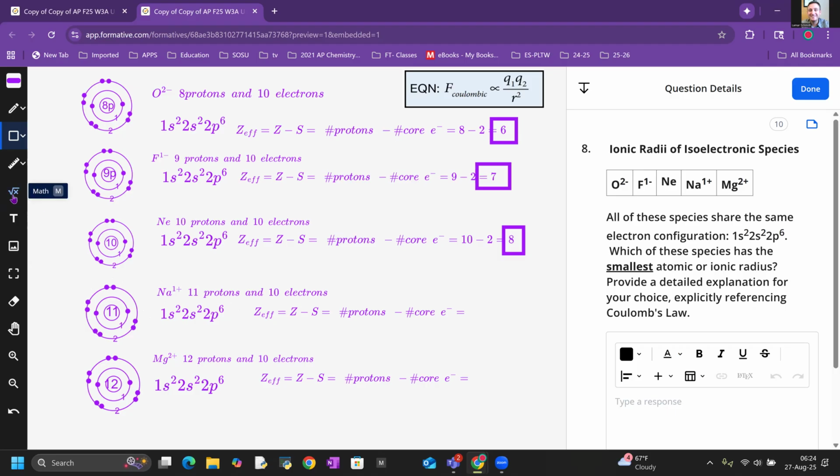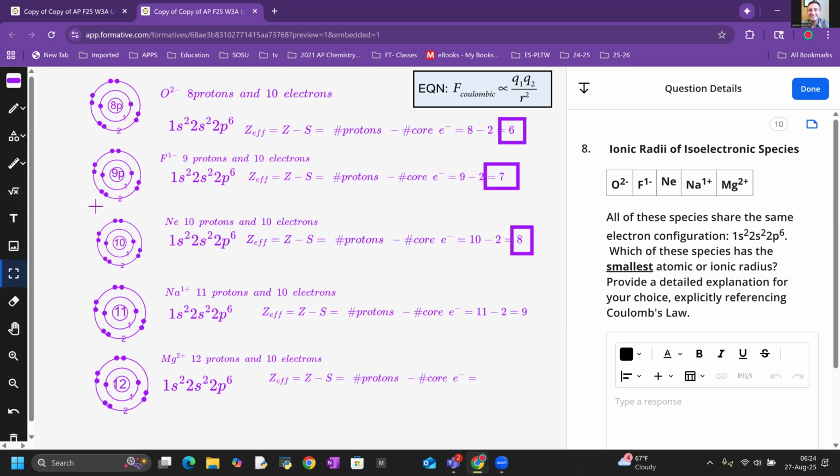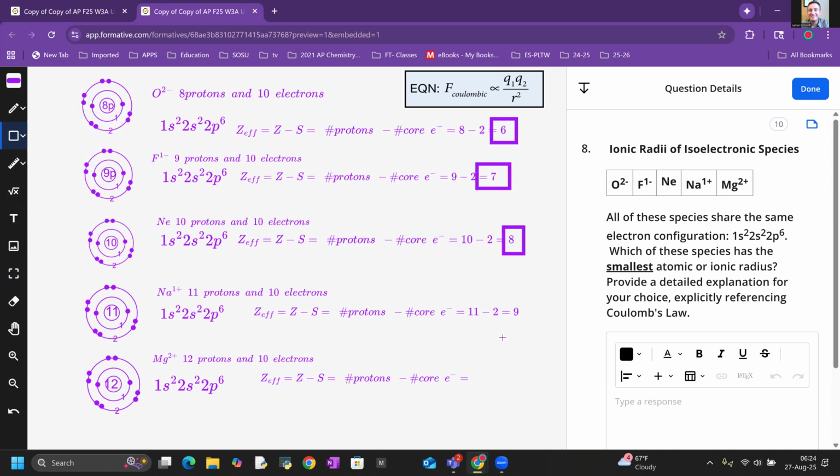And so what we look at then is the number of protons, and it's 11, and the same number of core electrons is 2. And so we end up at 9. And because 9 has a higher effective nuclear charge than 8, the pull on the valence electrons towards the nucleus is greater than that experienced by neon, fluoride, or oxide.